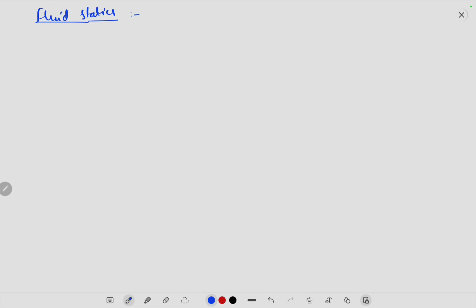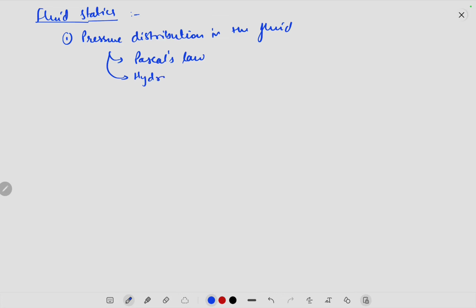So in fluid statics, the various topics that we'll cover: number one, the pressure distribution in the fluid. In this, we'll study about Pascal's law, the hydrostatic pressure.